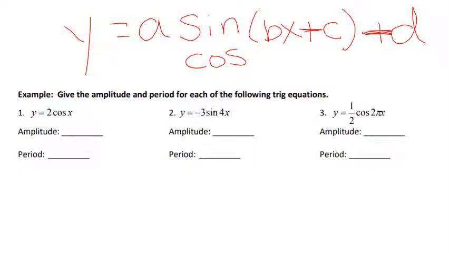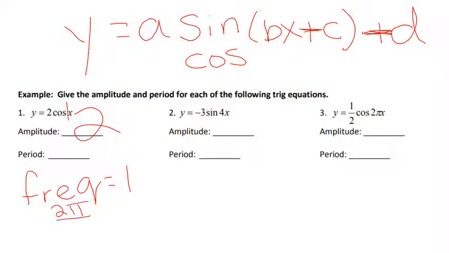So here our amplitude is 2, and our frequency is the coefficient on the x. I'm going to put a little 1 here. So our period hasn't changed. When we do 2 pi over b, that's 2 pi over 1, or just 2 pi. So anytime you just see the x by itself, the period is normal. It's just a 2 pi.